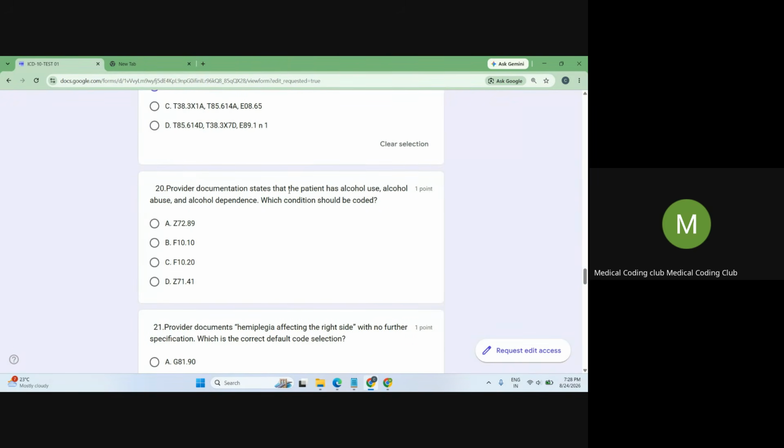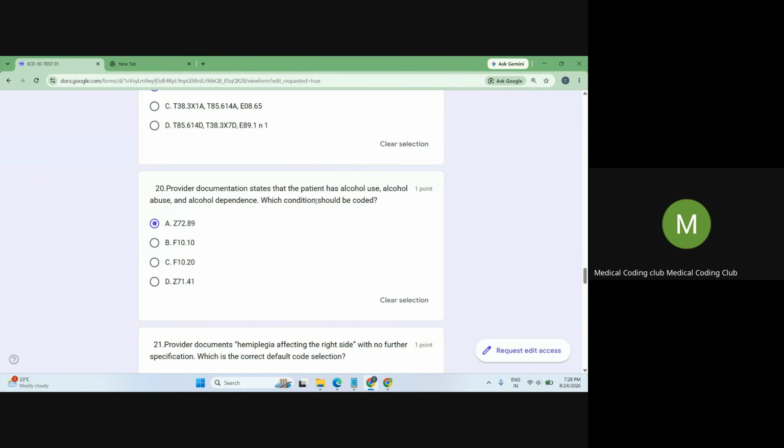Provided documentation states that patient has alcohol use, alcohol abuse, and alcohol dependence. Which condition should be coded? So now you have all: alcohol use, abuse, dependence. Which one will you choose? Dependence, because the most severe one is dependence.